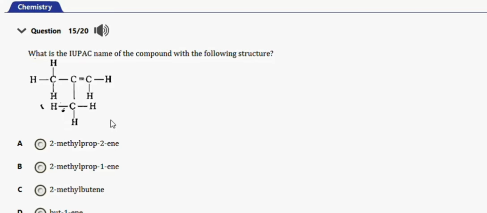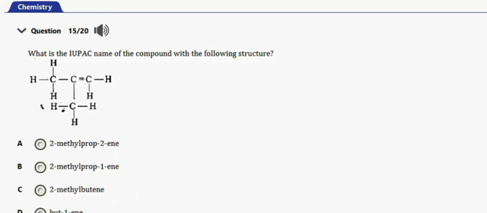Alright guys, we have 3 carbon atoms, so this will be our prop. If you check, we have two methyl groups attached to this compound, so this will be 2-methylprop-1-ene. Because of these 3 carbon atoms involved, you already have prop, so it will be 2-methylprop-1-ene. Option B is the right naming for this compound.